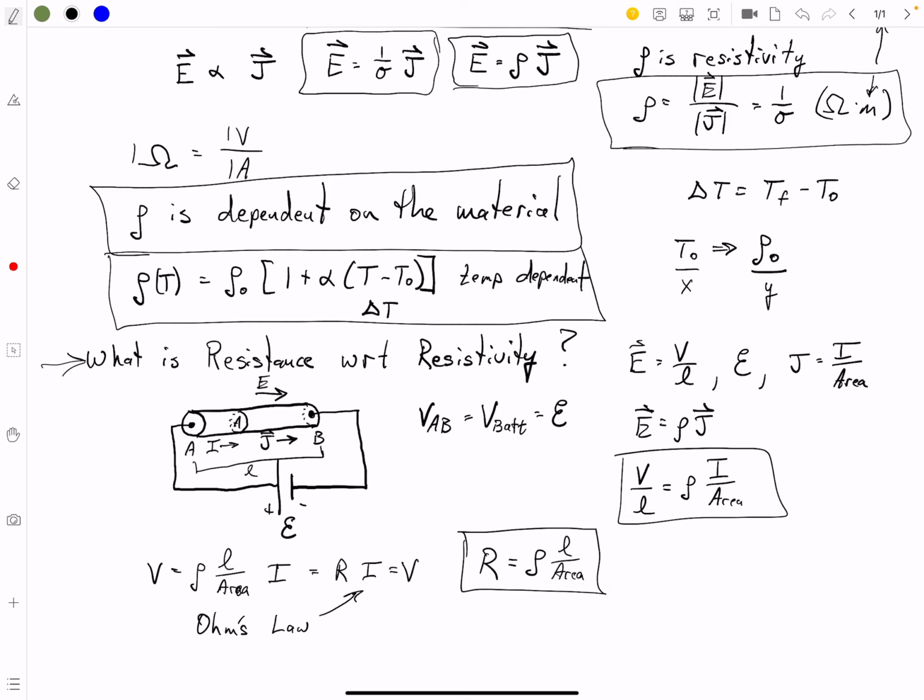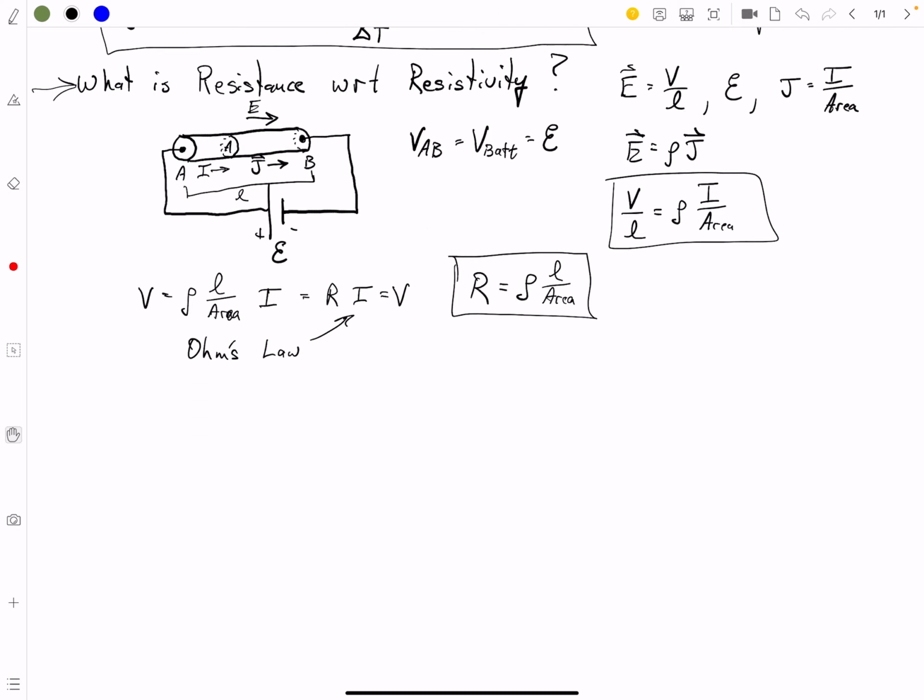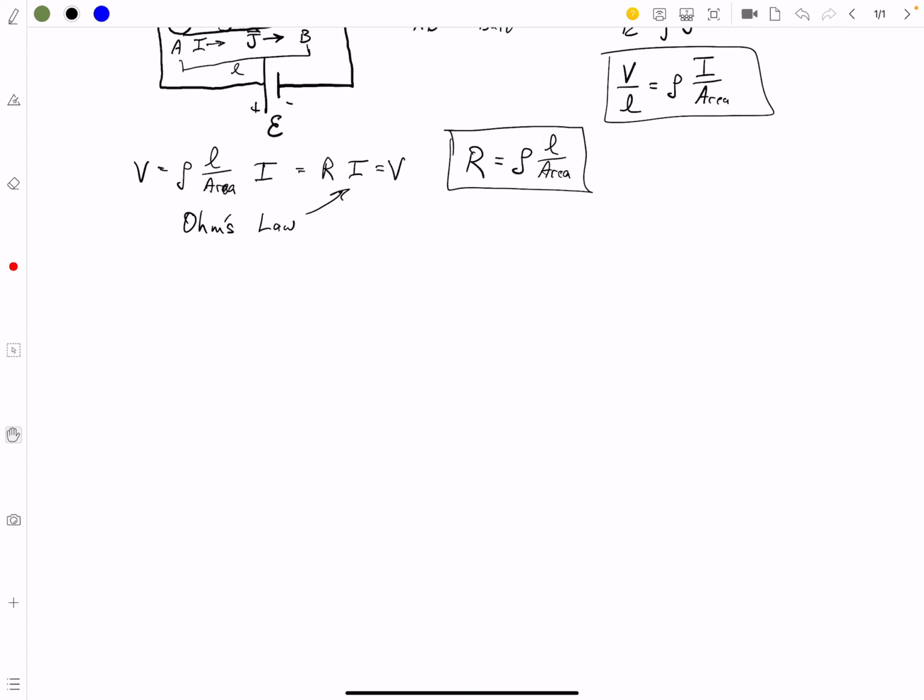V equals IR. Okay, so that equation is huge, by the way, in electronics. If you're going to be doing electronics, V equals IR is extremely your friend.